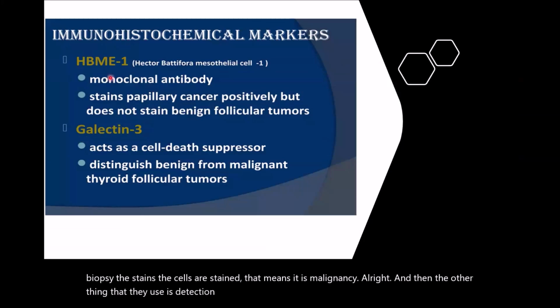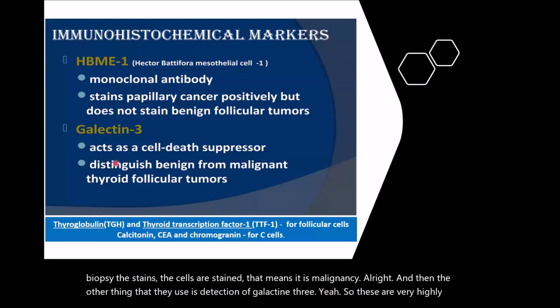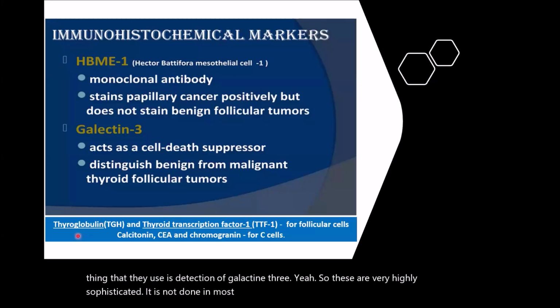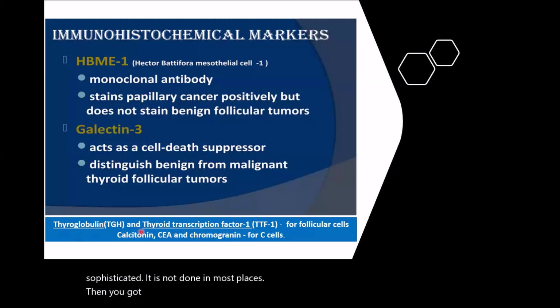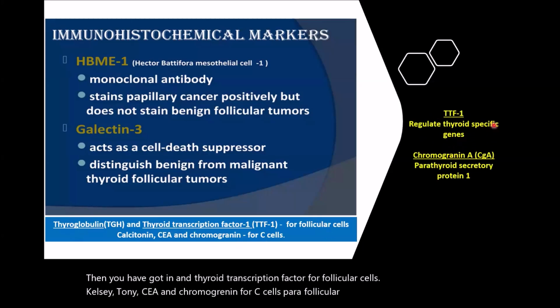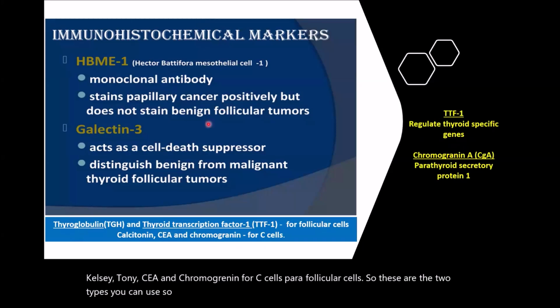These are highly sophisticated and not done in most places. Then you have thyroglobulin and thyroid transcription factor for follicular cells, and calcitonin, CEA, and chromogranin for C cells, the parafollicular cells. These are immunohistochemical tests, which are nowadays done in many big centers.